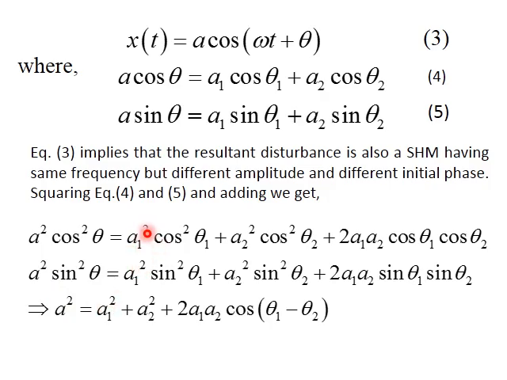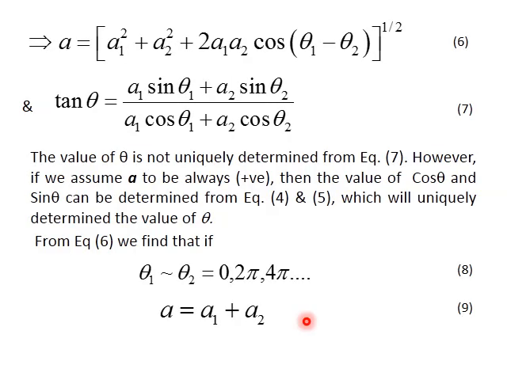On the right hand side, I have A1²(cos²θ1 + sin²θ1), which is again 1, plus A2², plus 2A1A2 (cos θ1 cos θ2 + sin θ1 sin θ2). So this is basically cos(θ1 − θ2). Wonderful.